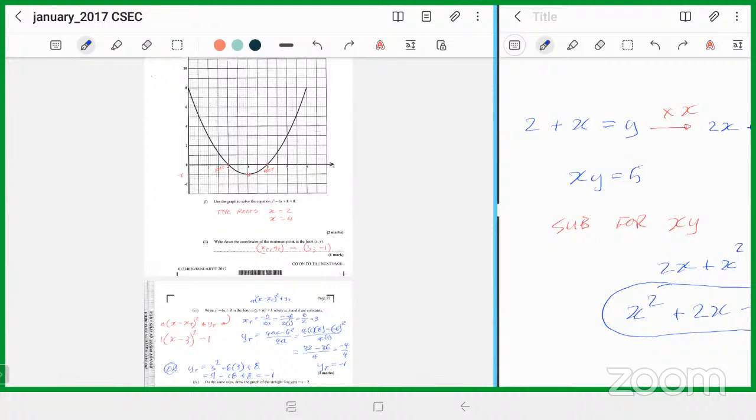Furthermore, the questions that come on quadratic inequalities now are basically reading off some inequalities from the graph. I don't think they're giving a quadratic inequality to solve, because that is more a topic for add maths now. It used to be a topic for CSEC maths in the past, but now it's more a topic for add maths. But you still should be able to read quadratic information, or inequality information, off the quadratic graph. So we deal with that after we do the topic of inequalities.